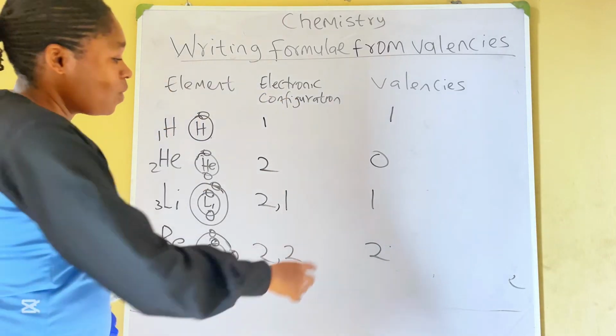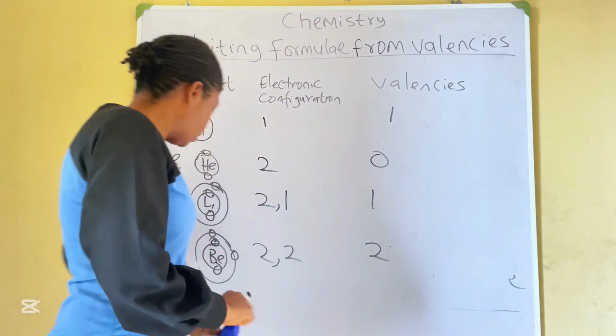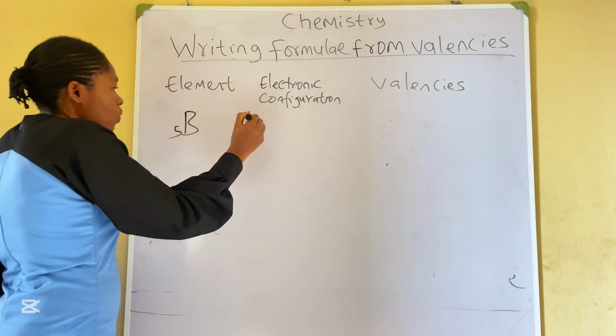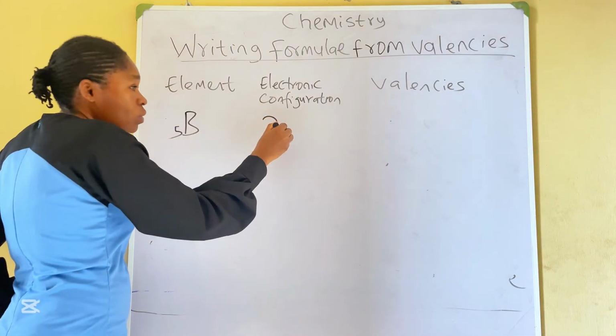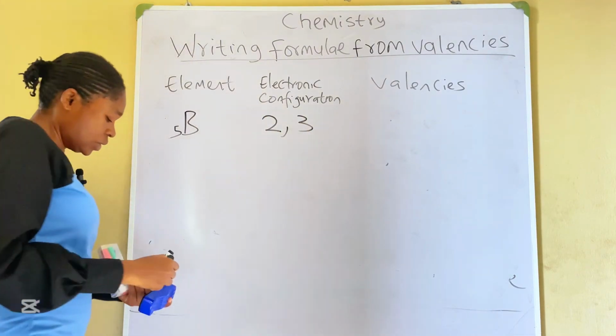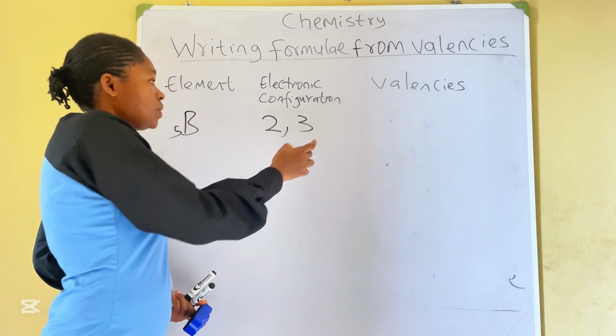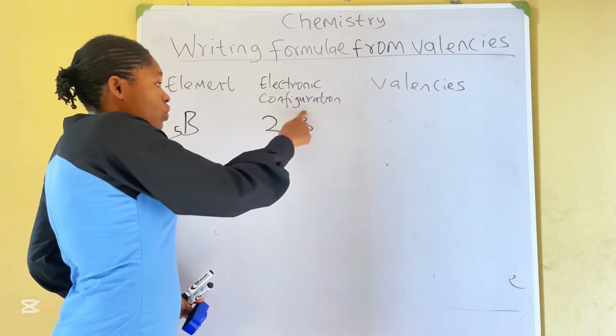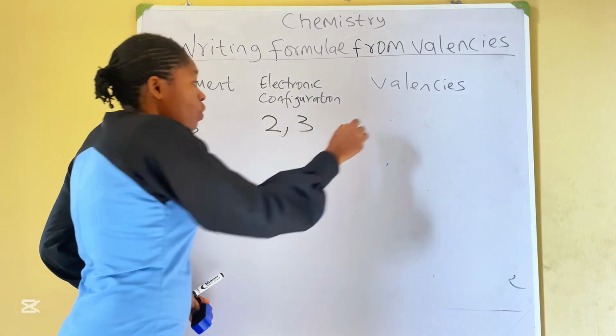So the oxidation number of this one will be plus 2. Then boron, number of electrons 5, so its electronic configuration is 2, 3. Boron can go into chemical bonding with these electrons. So the valency of boron is 3.